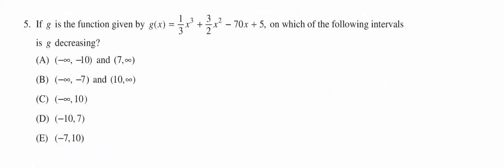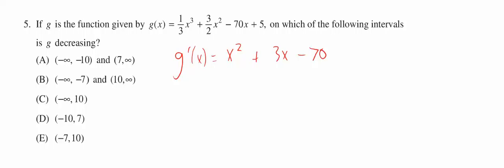If g is the function given by this, on which of the following intervals is g decreasing? Well, g is decreasing when its derivative is negative. So if I find my derivative, let's do that. A nice little convenient derivative here. G prime of x is 3 times 1/3 x squared plus 3/2 times 2x minus 70.